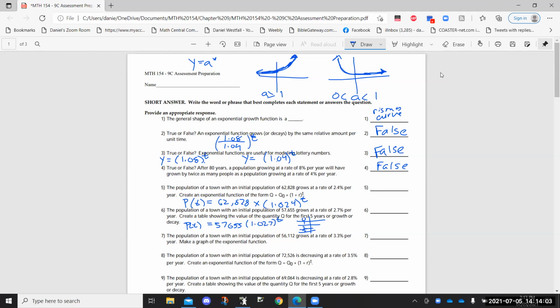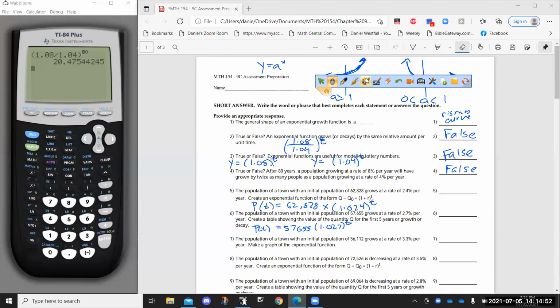I don't have a lot of room to do that. Actually, I changed my mind. I'm just going to do it in the calculator and have you guys write down the answers. You have to be sure you type everything into the calculator right, including these parentheses here.